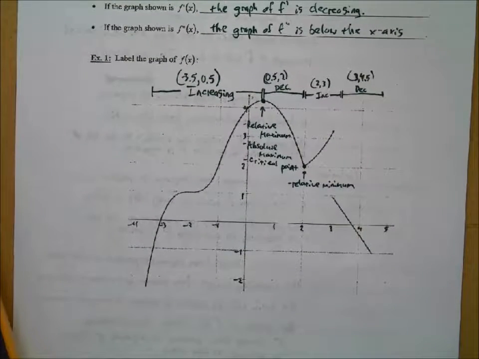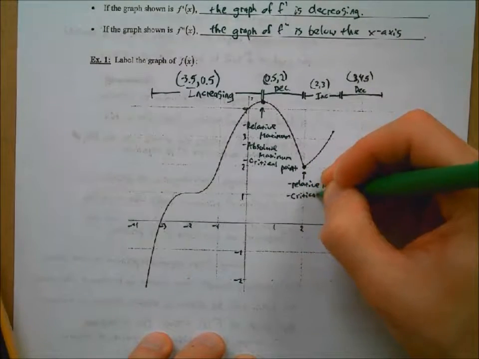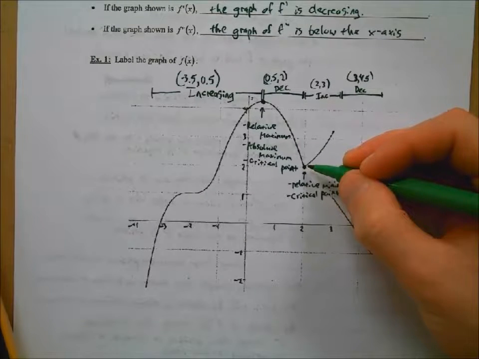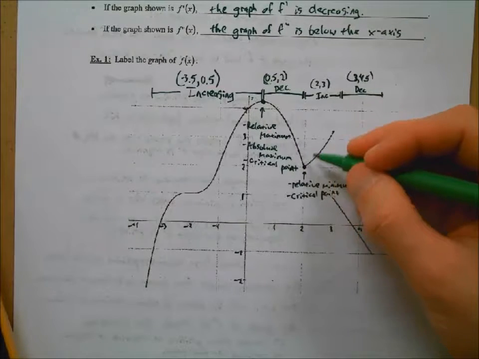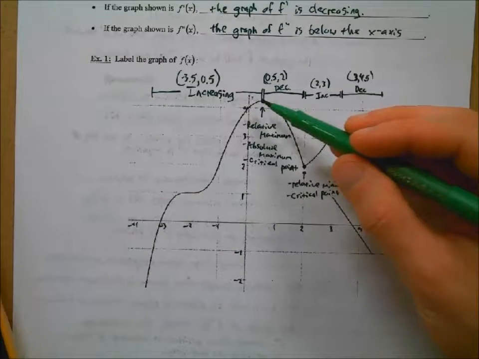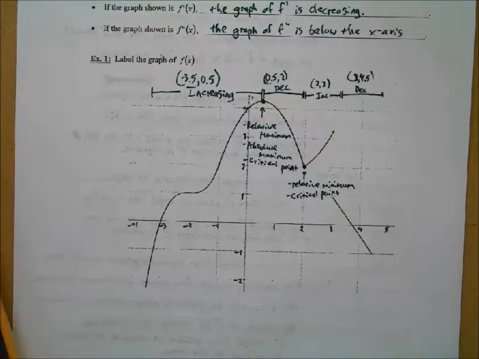It is also therefore a critical point. This is the kind of critical point though where the derivative would not exist, because we're having a sudden change in slopes. It's not a nice smooth transition like we had up here. So here the derivative would be 0, and here is an example where the derivative would not exist, thus creating a critical point.